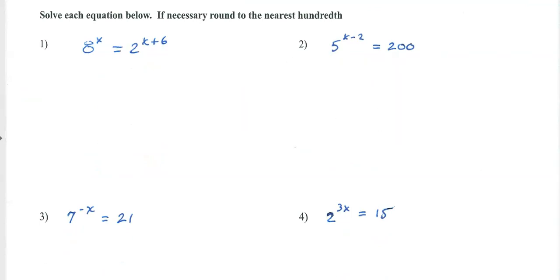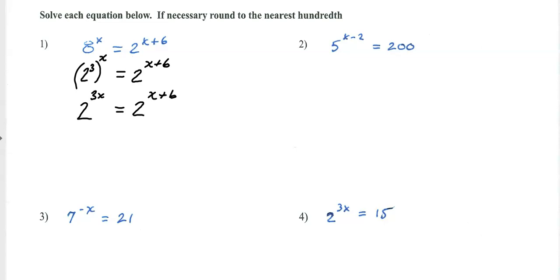The first one, I'm going to rewrite these bases. I'm going to represent 8 as 2 to the third power. So that's 8 to the x, and 2 to the x plus 6. Remember that back in the day when we raised powers to powers, you multiply. So this is really 2 to the 3 times x, and this is 2 to the x plus 6.